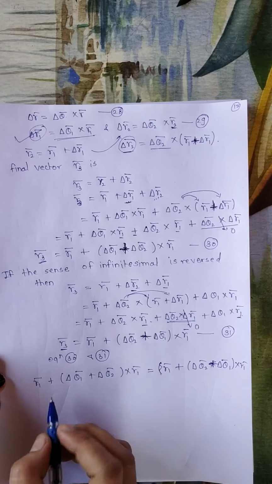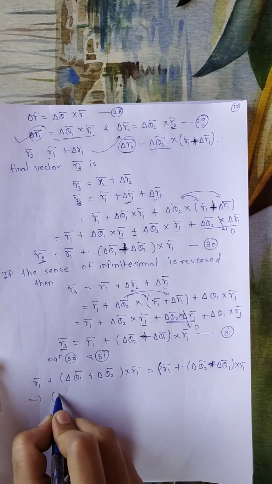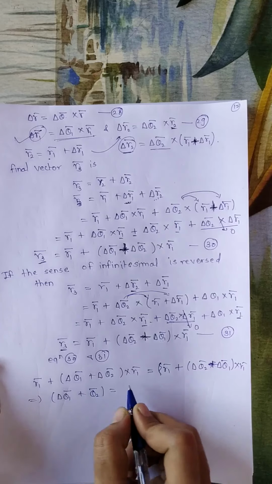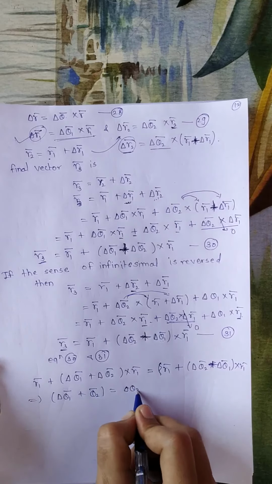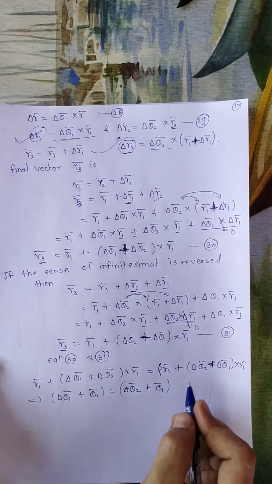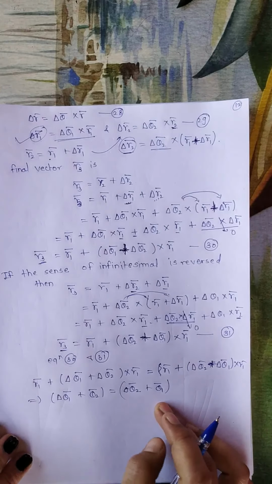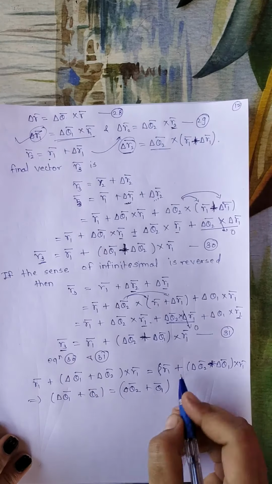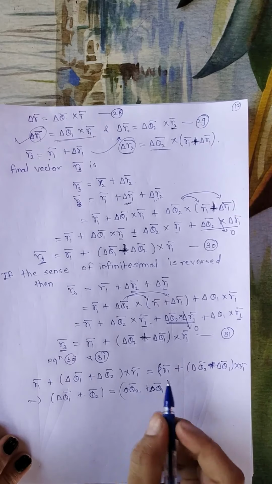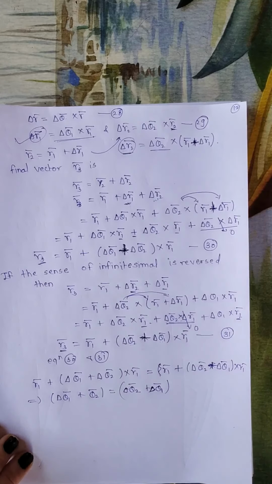So from this I can say that these both terms are equal by comparison. So we can write delta theta 1 plus delta theta 2 equals delta theta 2 plus delta theta 1. So here I can say that infinitesimal angular displacements obey the commutative law of addition. So these angular displacement vectors also obey the commutative law of addition.